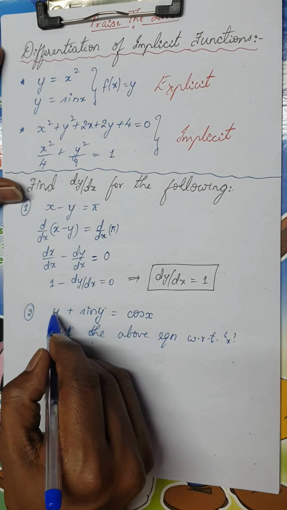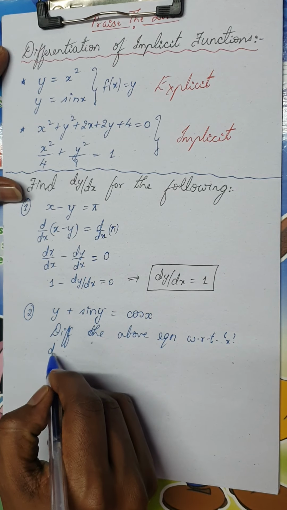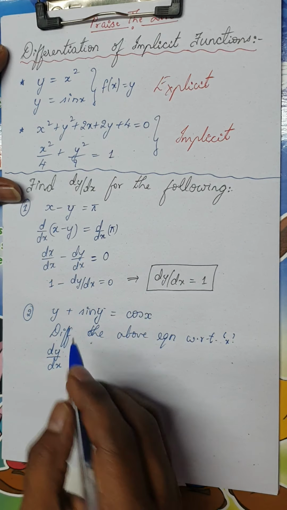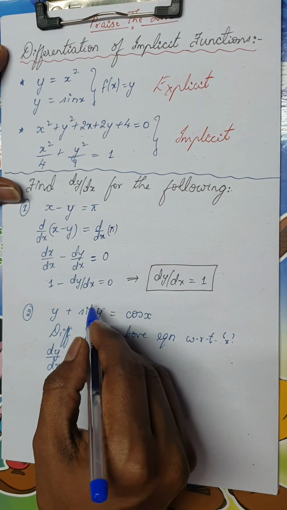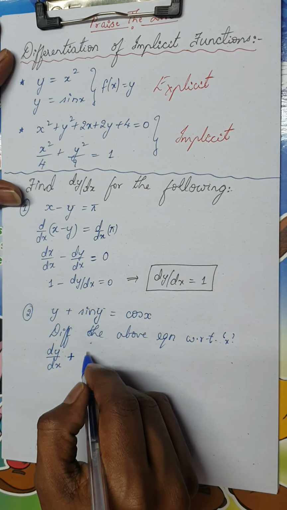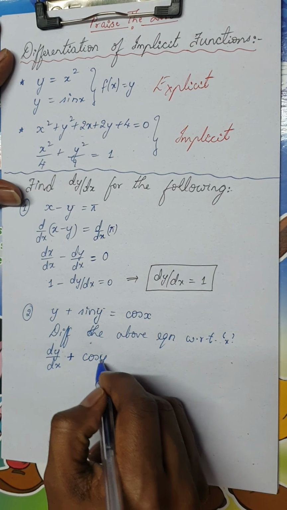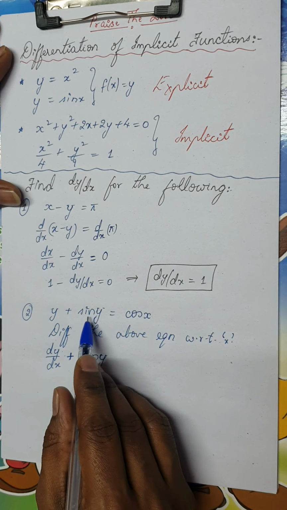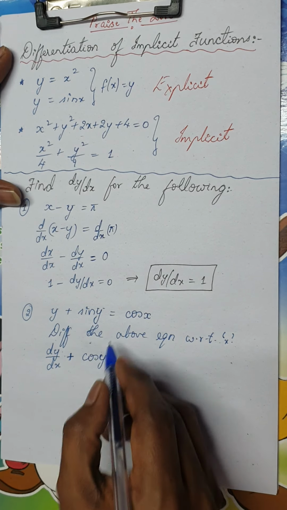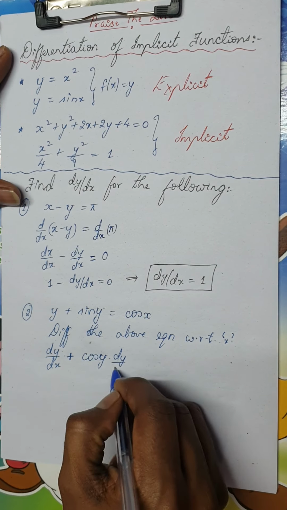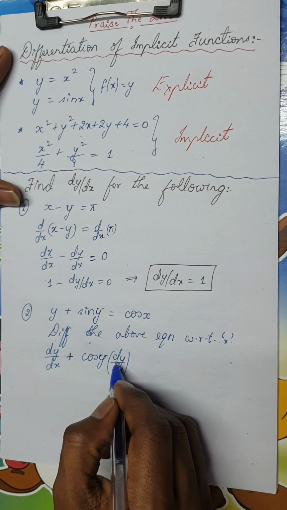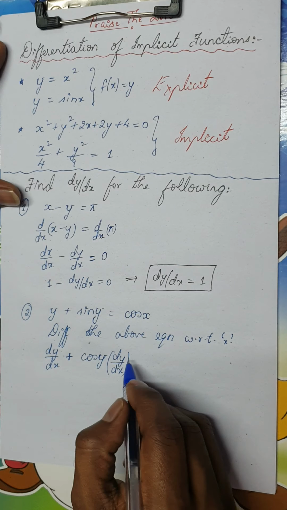Now if you differentiate y, always remember for an implicit function the derivative of y will be dy by dx. Plus, now what is the derivative of sine? Remember, the derivative of sine is cos. If it is sin x, you can just leave it with cos x. Because it is sin y, you have to write cos y into dy by dx.